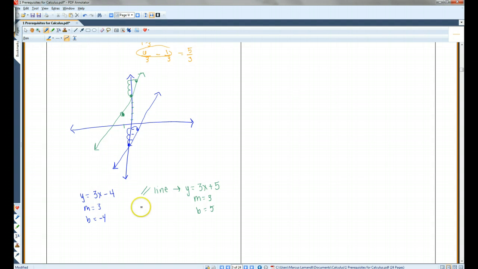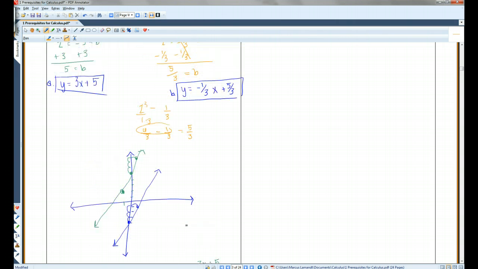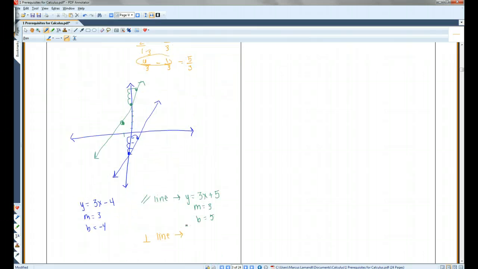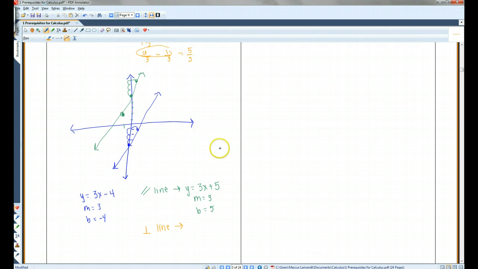The perpendicular line: y equals negative 1/3 x plus 5 over 3. In this case, our m is negative 1/3 and our b is 5 over 3.